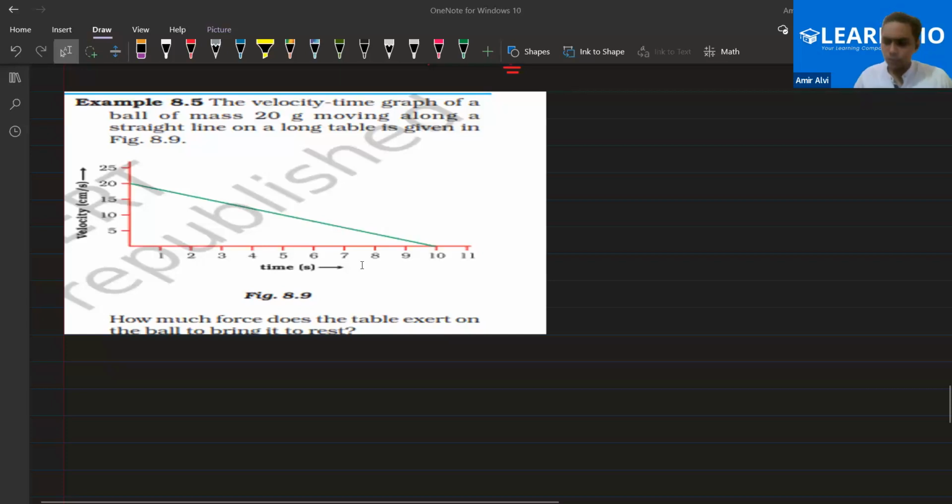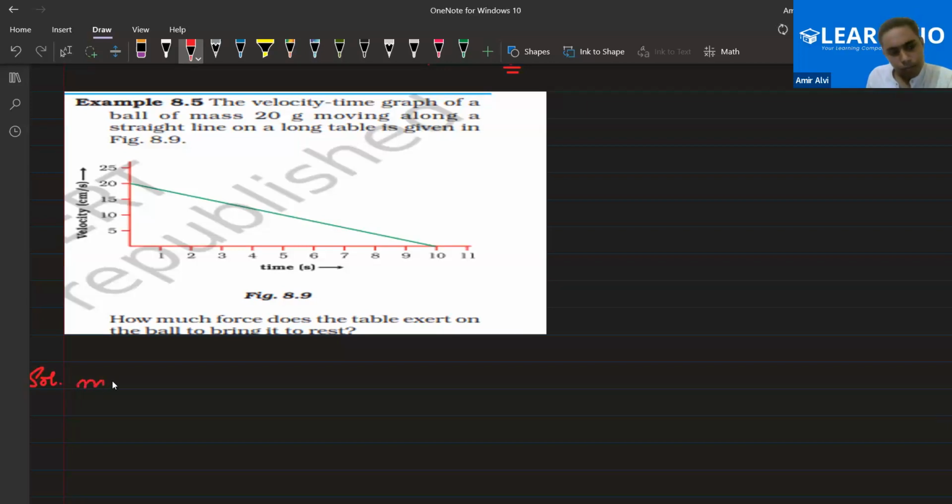So first of all, let's analyze this graph. What is the graph saying about the velocity? So the velocity-time graph of a ball of mass 20 grams is given. First of all, our job is to write down all the given values.